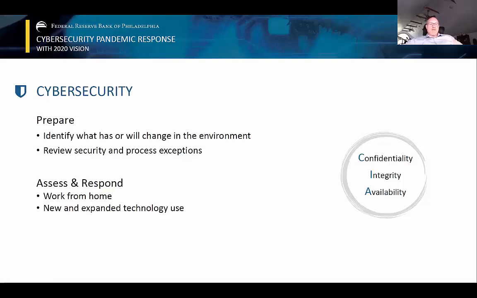I do have a reference slide in here. It's a link to the Cybersecurity and Infrastructure Security Agency, the CISA agency. It's got some good guidance out there on telework, VPN-related guidance, video conferencing, as well as wireless technology guidance on how to secure those things.